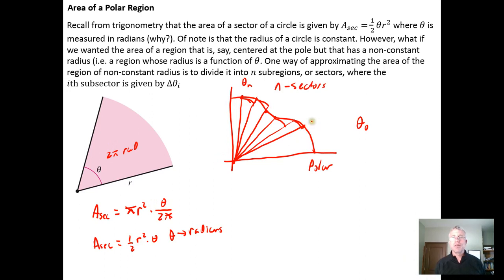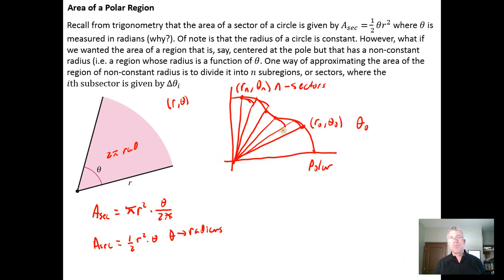So this first angle is going to be the start angle. Remember, in polar coordinates, our coordinates are r and theta. So this point right here would be r naught, theta naught. And we'd sweep all the way through till we got here, and this point would be described by the nth radius and theta sub n.